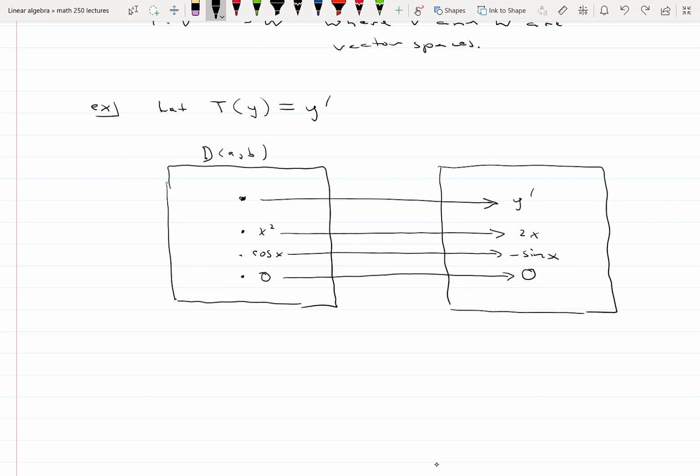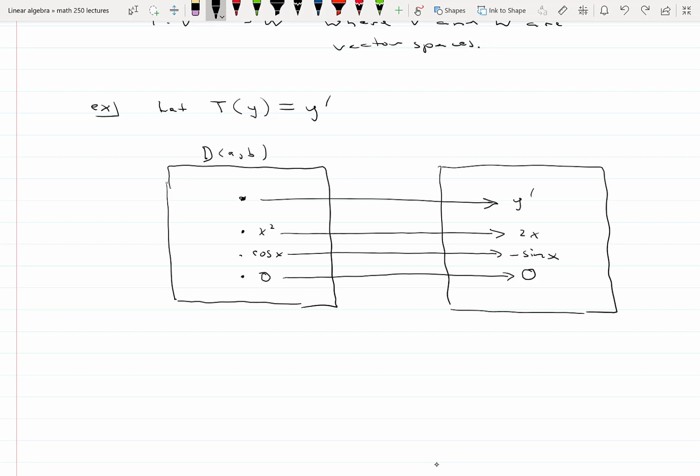So what is the function mapping into? Where are these elements from the domain going into? What vector space are they going into? You might think, well, they're going into D again. Well, not necessarily.